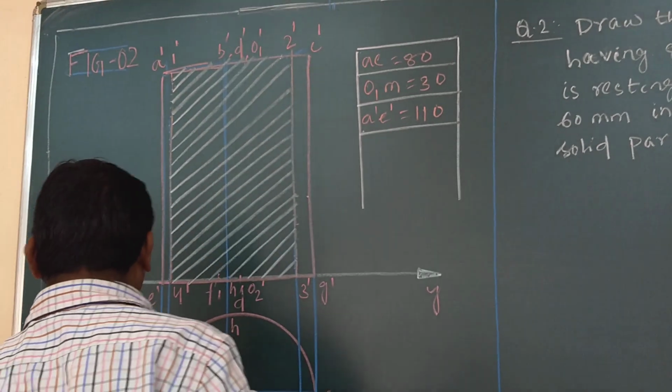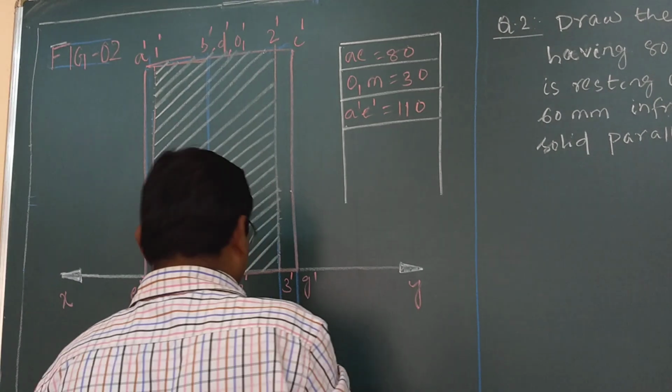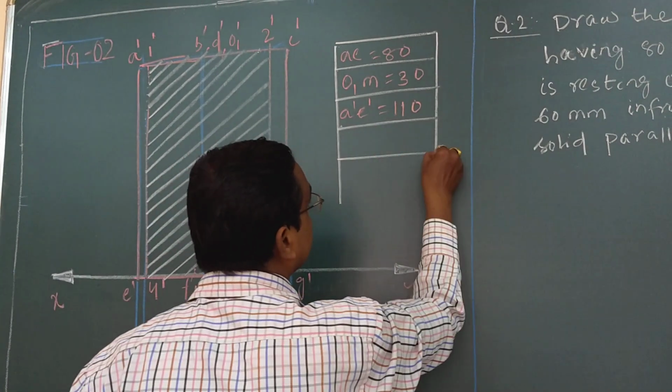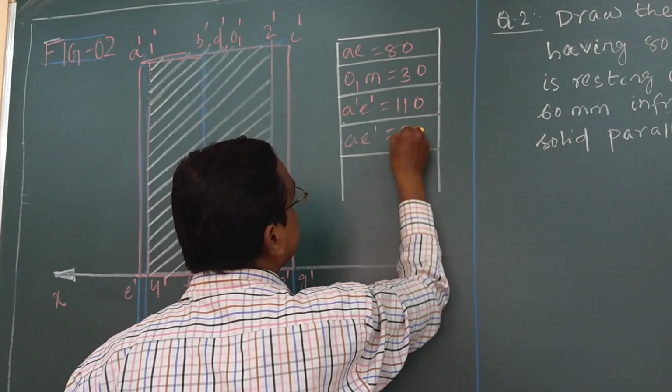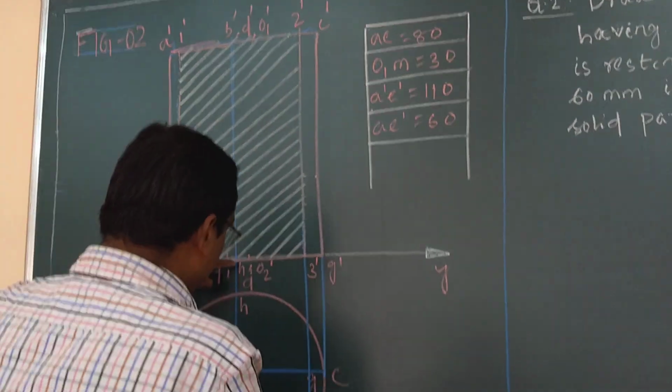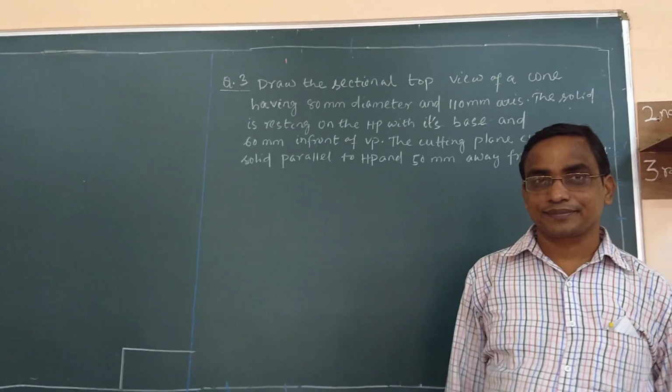And here one more dimension, that is A to E dash is 60, because this is 60 mm in front of, means A to E dash is 60.